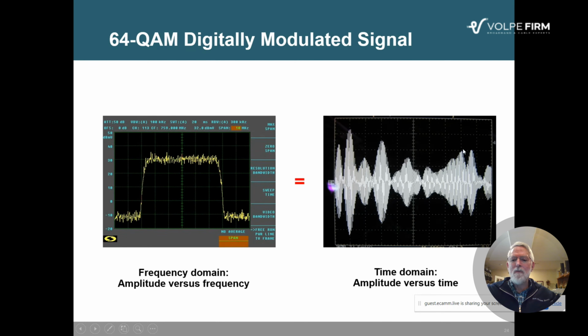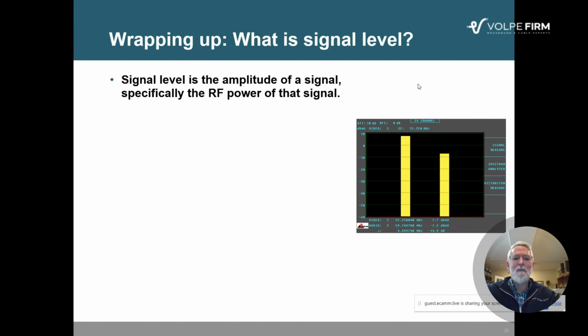But you notice the amplitude is varying all over the place each time it changes, and there can be subtle phase shifts or big phase shifts that represent the location in a constellation display. And what we're measuring is the average power of all this to get the signal level, or the average power of this full haystack. But this is a time domain view of a 64 QAM signal, and it really looks a lot different than we're used to seeing, and it is pretty cool.